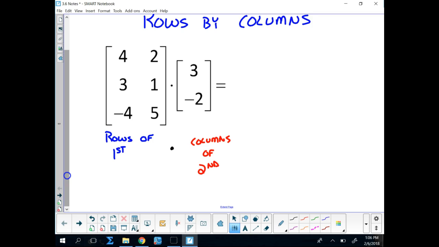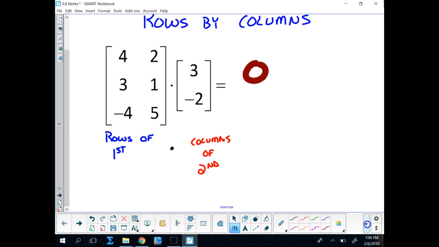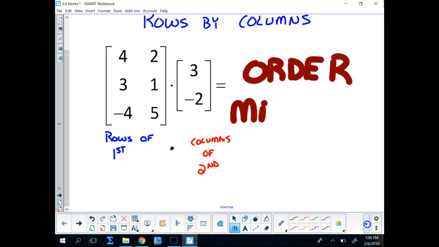The downfall with matrices is that, and I'm going to put it in nice and big old lettering, our order matters. So our order in matrices matters.